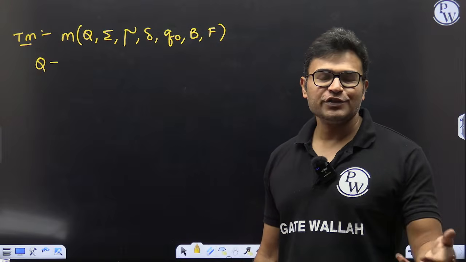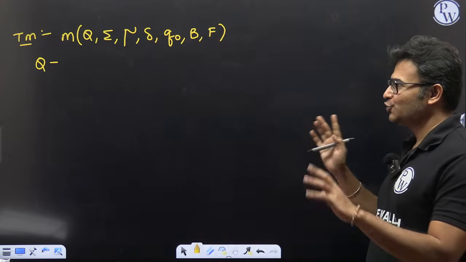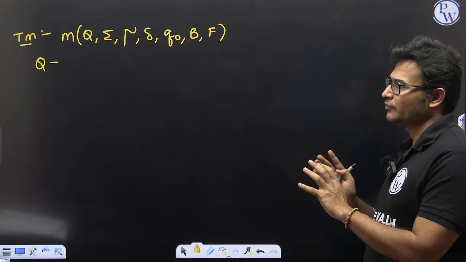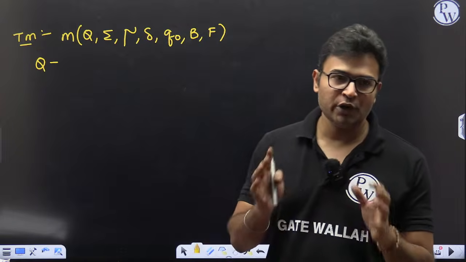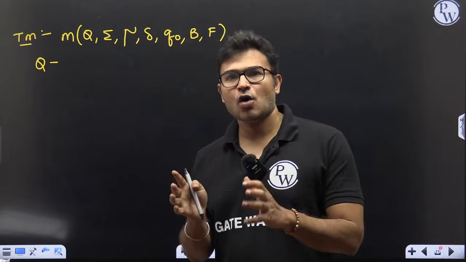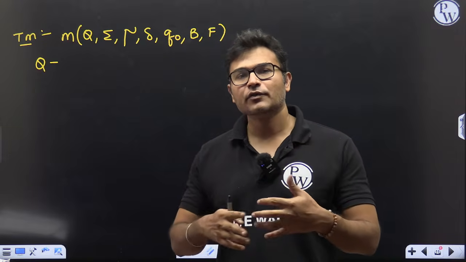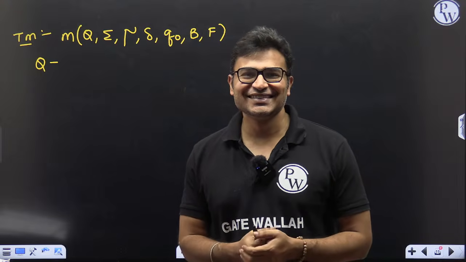You should be able to say what is Q. I'm just trying to show you why it is not different from what we have learned earlier, right? This machine is similar to finite automata and push-down automata. Let's see the similarities first, then we will see the differences.